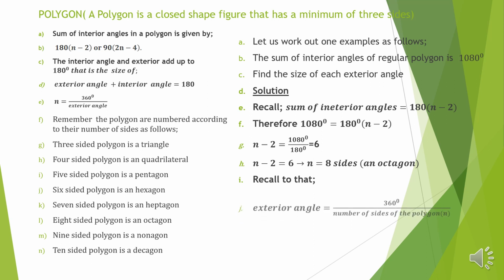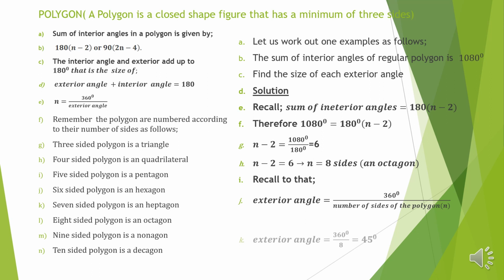Recall also that the exterior angle is given by 360 degrees divided by the number of sides of that polygon, n. And from the above, we've already gotten n being 8. Therefore, we take 360 divided by 8, which gives us 45 degrees.